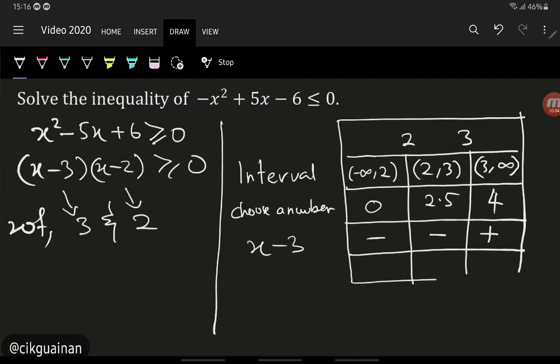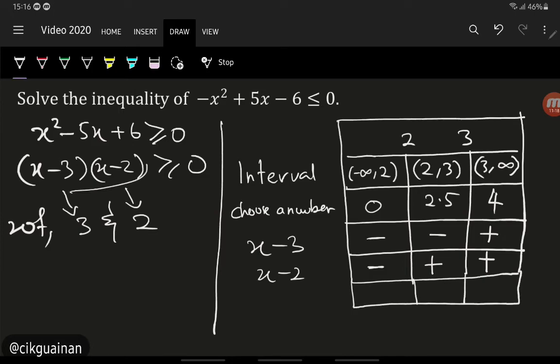Now we write the second factor, x minus 2, and do the same calculation. So 0 minus 2 is negative, 2.5 minus 2 is 0.5, positive, and 4 minus 2 is positive. And then the last row, this is the last row.